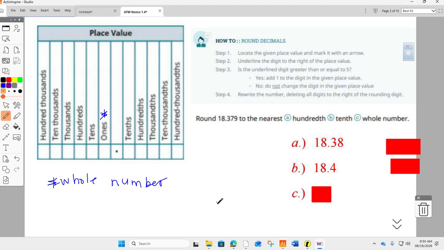We're going to talk a little bit more about exactly what a whole number is later in this lesson, but a whole number has no decimals and no fractions. So it makes sense that you're lopping off the decimals to the right.